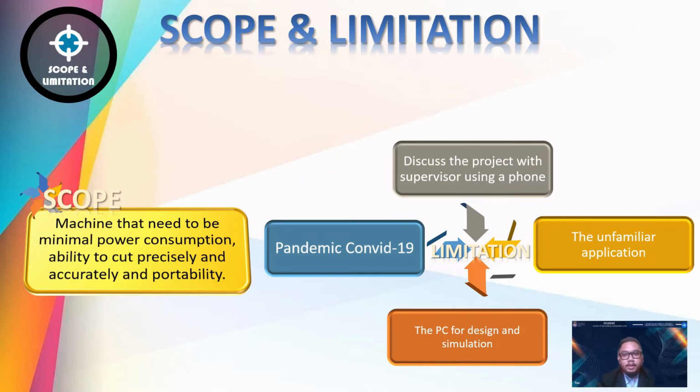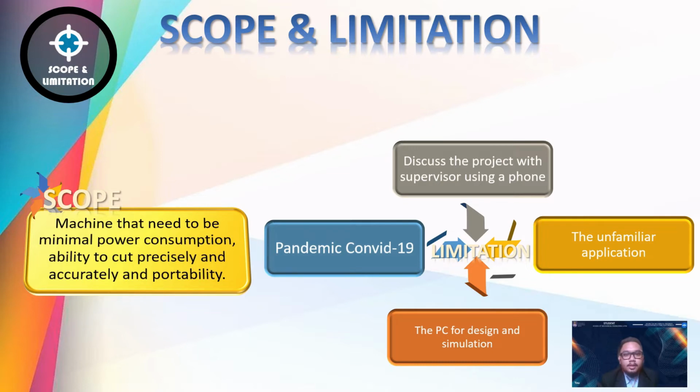The limitation in this project is the COVID-19 pandemic. Due to the pandemic, many stores and workshops to buy the material and to fabricate parts for the project were closed.